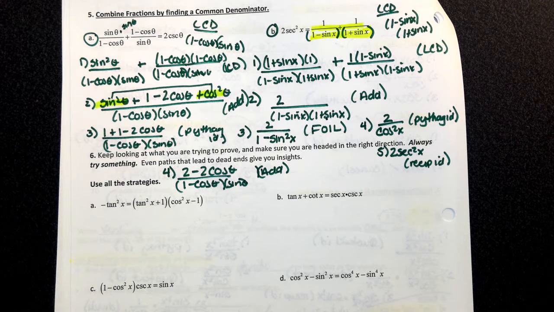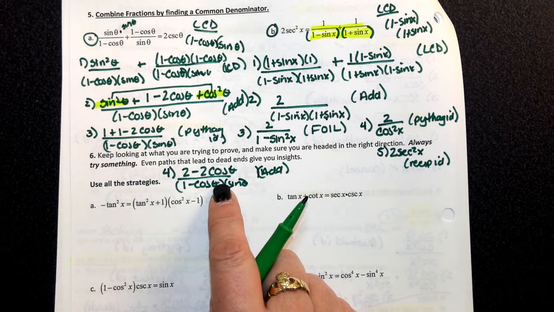It's a good idea to say, okay, where am I going to go from here? Well, look at what we're trying to get to. We're trying to get to a 2 cosecant theta. Notice the 2's are now making an appearance in the numerator. Well, cosecant, remember, is equal to 1 over sine theta. So I have a sine theta on the bottom, and I see the 2's start to make an appearance.